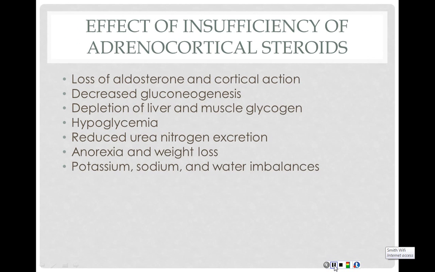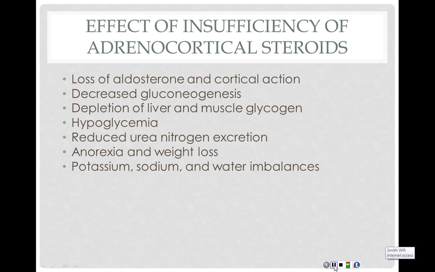And so the effects of insufficiency of adrenocorticotropic steroids: the person is going to have a loss of aldosterone and cortical action. And so the person is going to have an impaired ability to manufacture glucose. So when a person does not take in food, the body has a way of developing glucose within the body so that hypoglycemia does not occur.